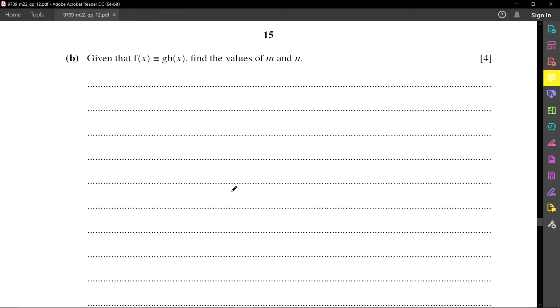So now moving on to part B. Given that f of x equal to g of h of x, find the values of m and n.